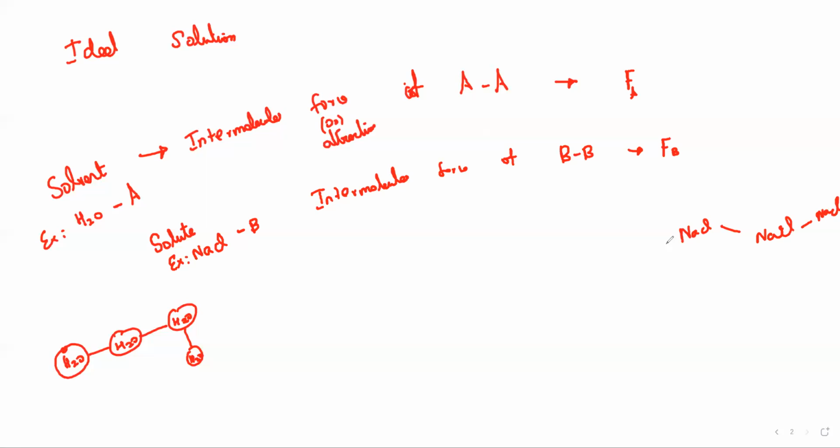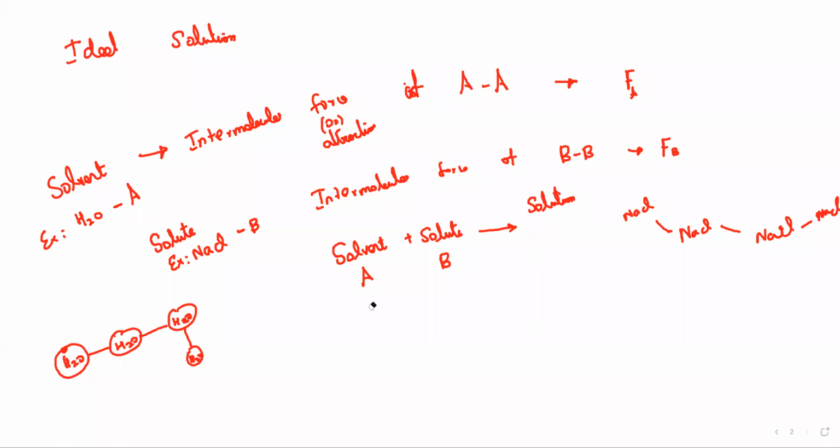Like that, the force will be there. One molecule of sodium chloride is bonded with another molecule of sodium chloride. Like that, we have the solute. Now, when the solvent and solute are mixed together, this is A, this is B. Now we have the component solution AB, right?